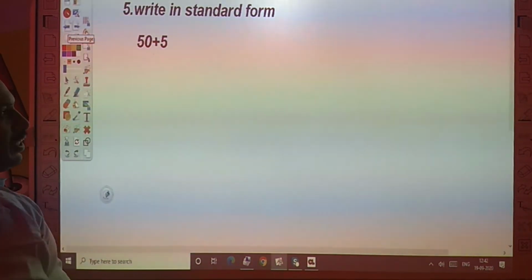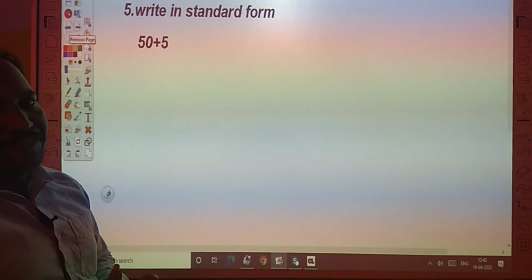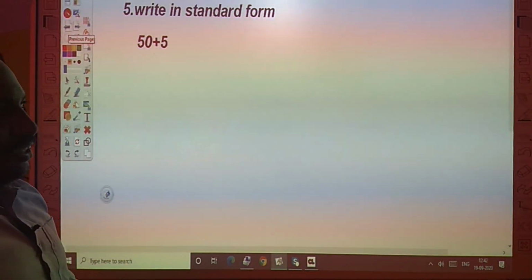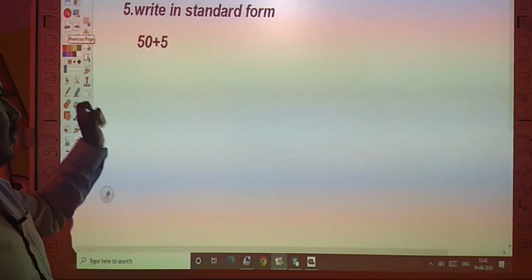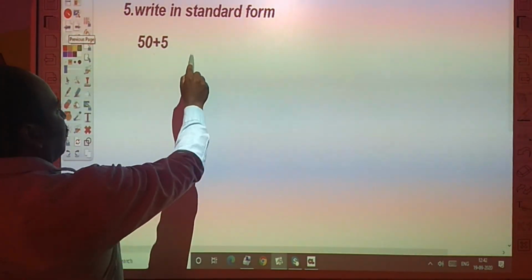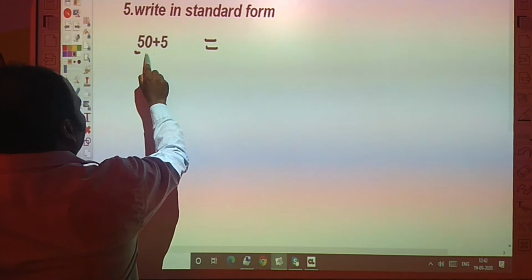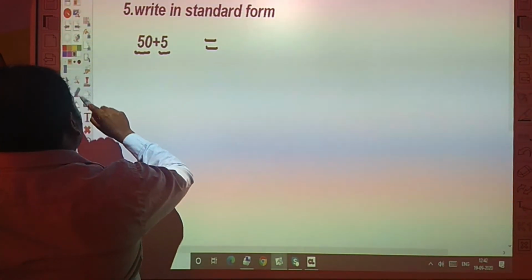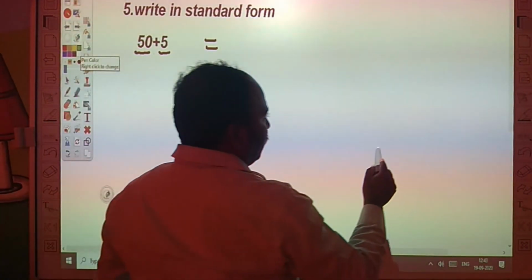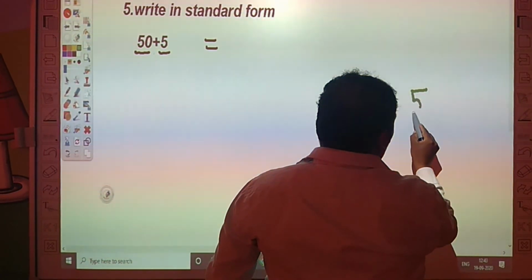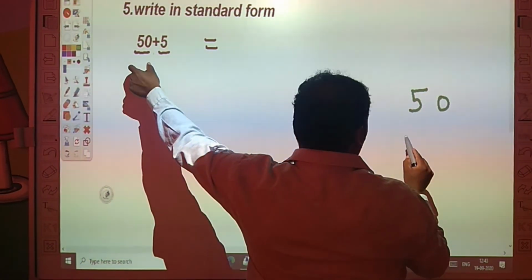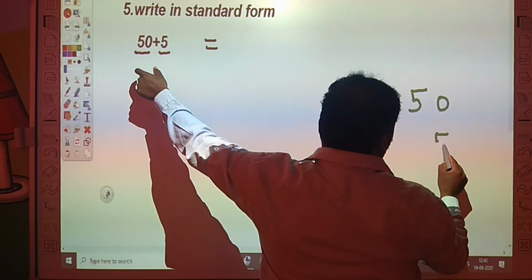The next, write in standard form. We just add two numbers: 50 plus 5. It is a two-digit number, and it is a single-digit number. So add 50, the first number, plus 5, the second number.